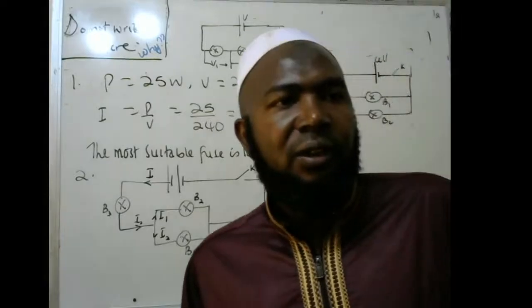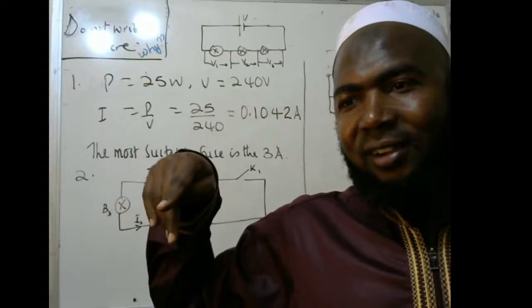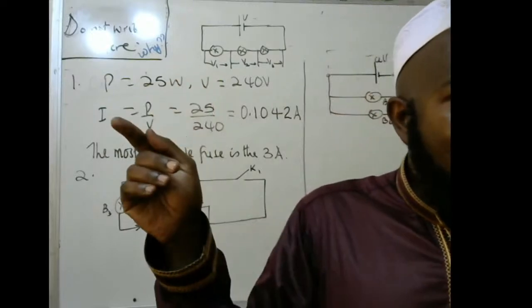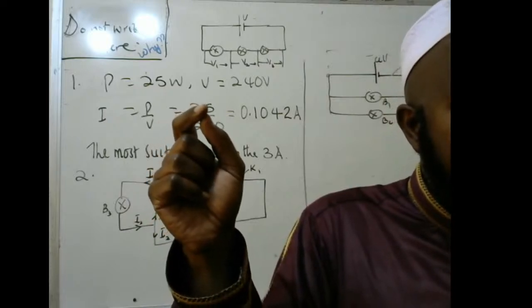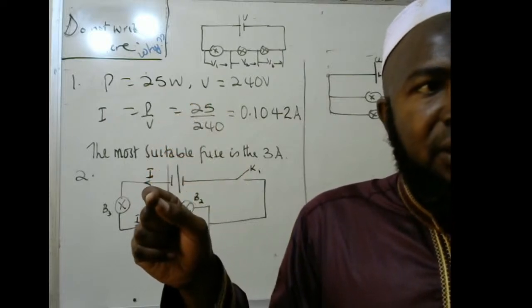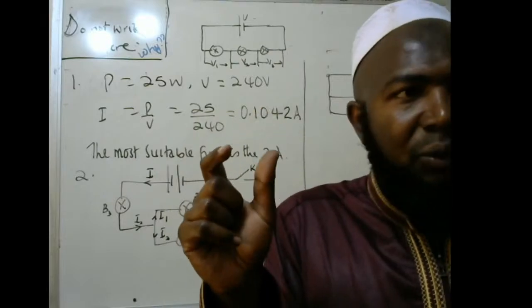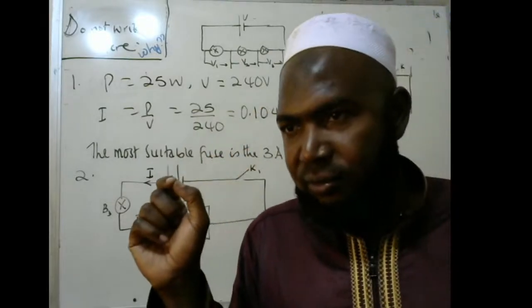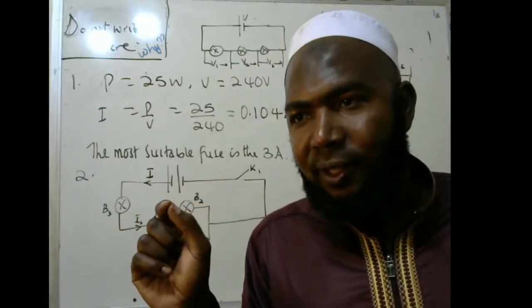You are going to see we have a supply cable. It is usually connected to the meter box. But to connect to the meter box, we put the fuse, which we call the main fuse. But that was an old technology.